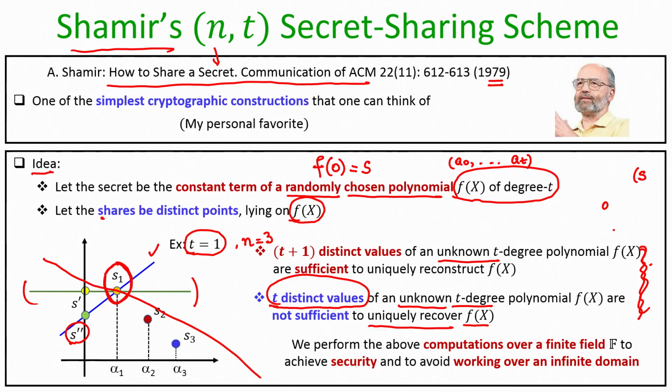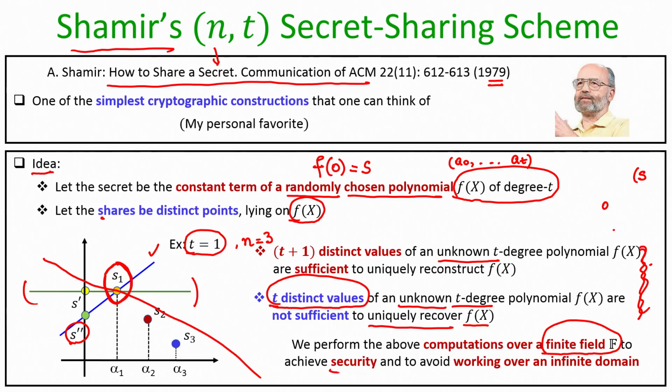Now, in the Shamir secret sharing scheme, we use the above idea where all the computations are performed over a finite field, namely my secret space will be a finite field, my polynomials will be selected over a finite field, and my shares also will be elements of a finite field. And this is done because of the following two reasons.